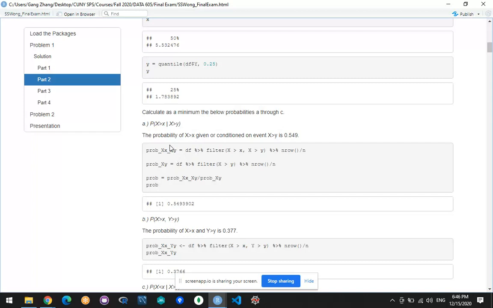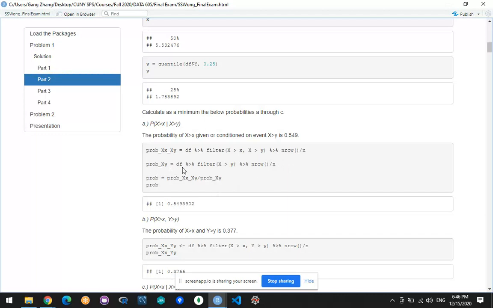First thing that I do is, from the data frame that I generated above, filter big S greater than small s and big S greater than small y, and then count the rows and divide by the total number of n.